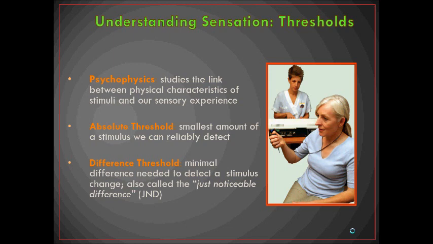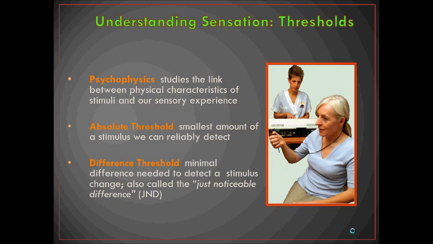Another important term, the absolute threshold. This is the smallest amount of a stimulus that we can reliably detect. This is often done in a lab when, for example, sounds are produced where they'll turn the frequency down very low, and you ask somebody to hold their hand up and say, keep your hand up as long as you can hear it. After a certain point, turning it down, the person's going to lower their hand because they can't hear it anymore.